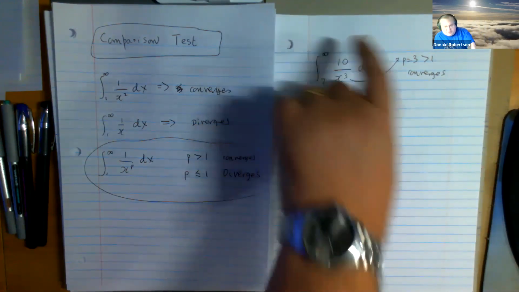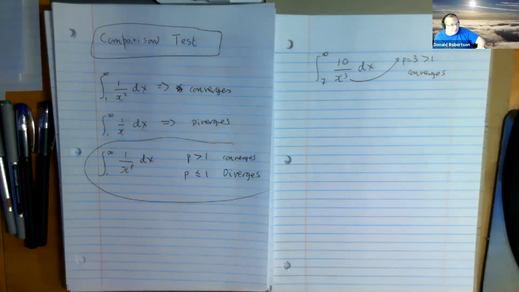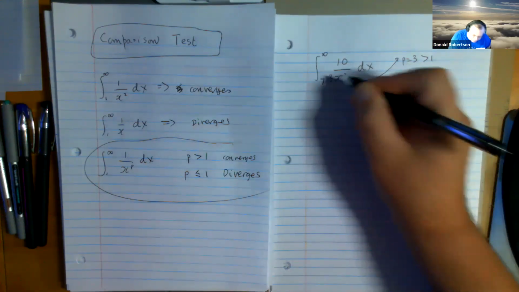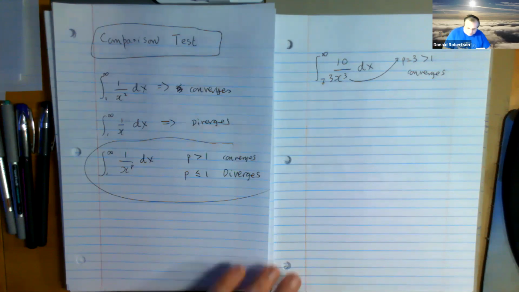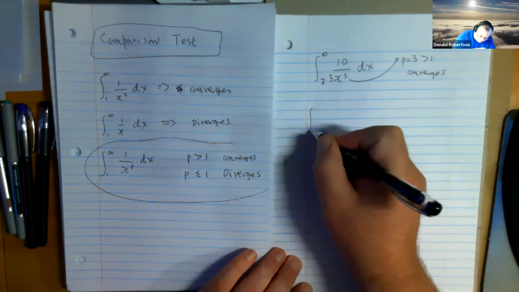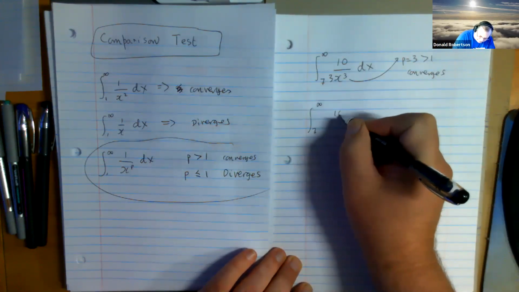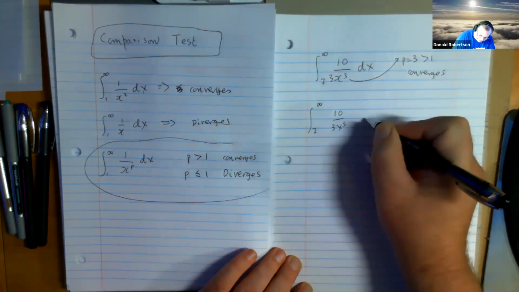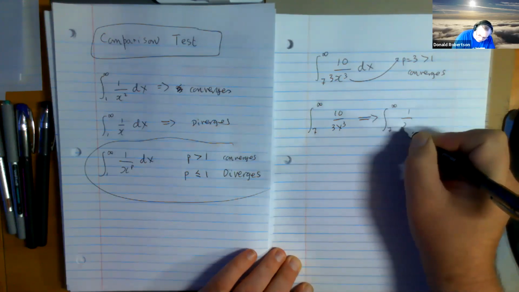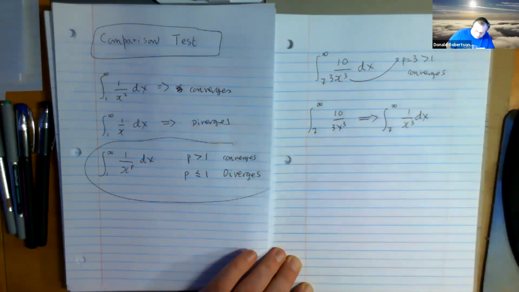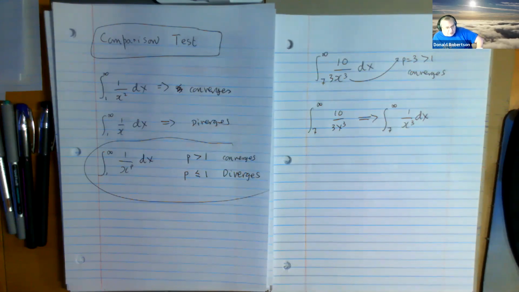Does it matter that that 10 is in the top? It still converges, right? Would it matter if there was a 3 as well in the bottom? No, still converges. So when you do these, even if you don't physically write it, you convert it into what it's equivalent to.